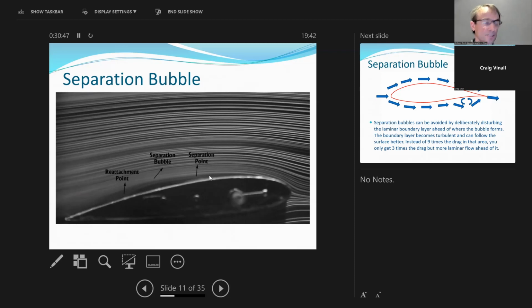One of the things you can see is the smoke lines become very indistinct. They're no longer clean lines. It's all being smeared out because that air is now being shared around throughout that boundary layer. In the front half of the wing, you can see the streamlines are all quite close together.